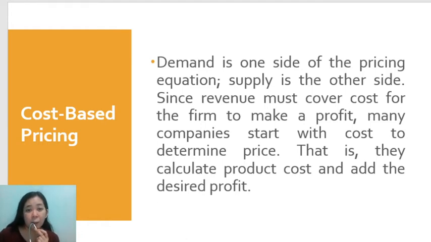After determining this cost, they add a desired level of income or profit, so that they will sell these goods and products at a higher price than their cost and not be at a loss. Again, this is the most common pricing method.